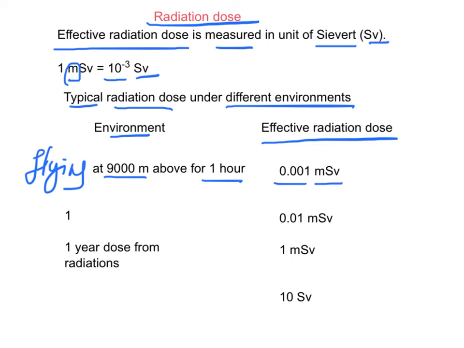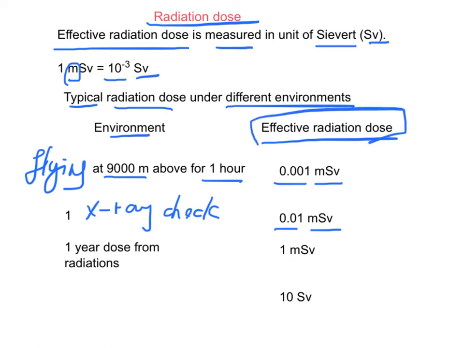If you take one X-ray, then you will absorb about 0.01 millisievert of effective radiation dose, which is again small. If you take 1 year of dose from the background radiation, then you absorb about 1 millisievert of radiation dose, which is also very small.